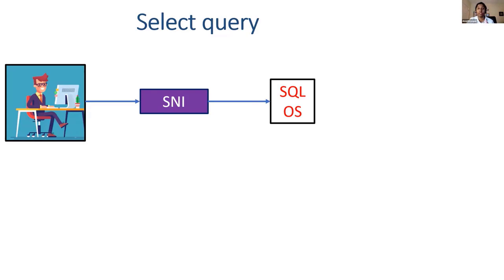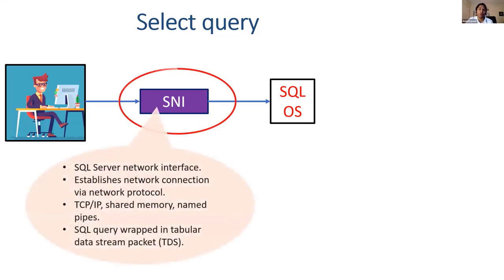So how does he get that? There is something known as SQL Server Network Interface, also known as SNI. It will establish the secure network connection between the SQL Server and the user using the network protocol. In our case, we are using the TCP/IP protocol. There are also other kinds of protocols, shared memory and named pipes. So we are using TCP/IP here.